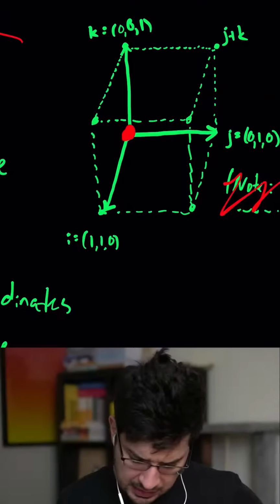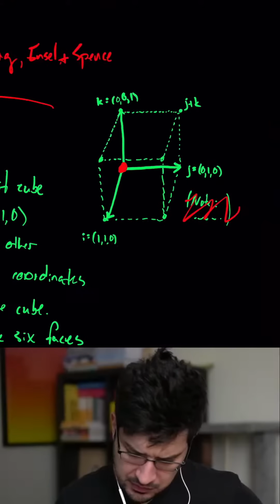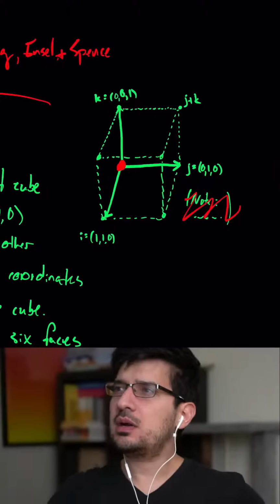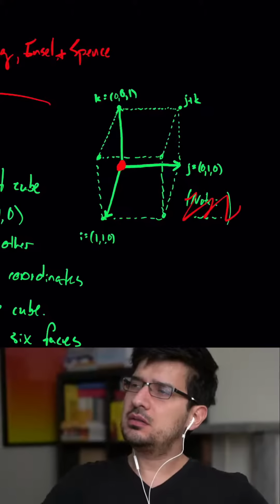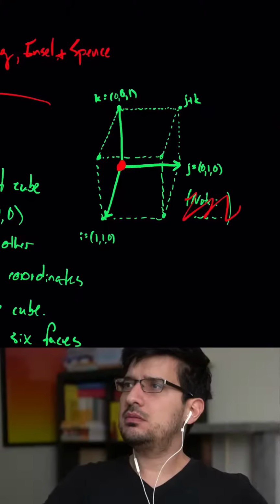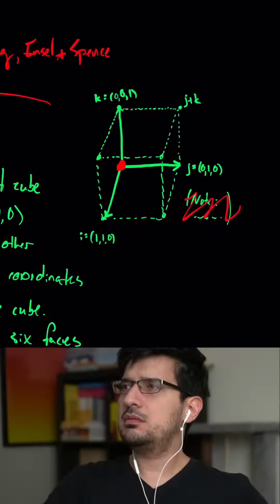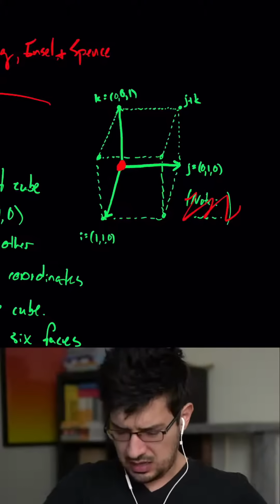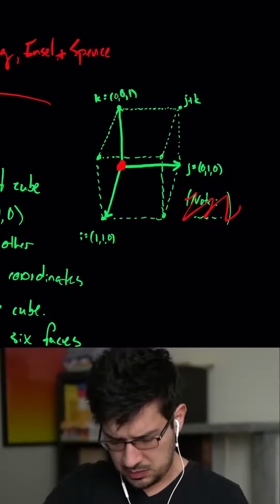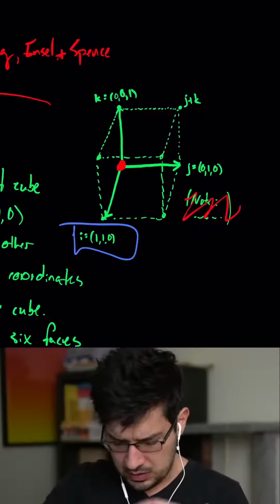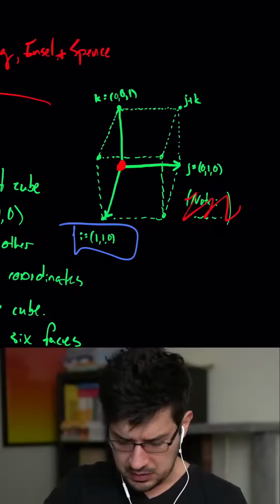Okay, this I equals 1, 1, 0 is confusing me. Is that correct? Is that really correct? I equals 1, 1, 0. I would have expected I equals 1, 0, 0 here.